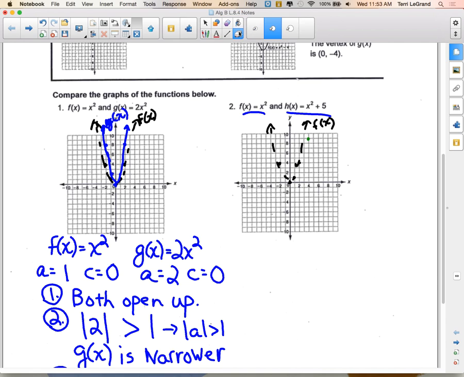Oopsie, I have the wrong spot. That's why I ordered here -2, 9. And +2, 9. Oops, h of x, not g of x, isn't it? Call this one h of x, not g of x.